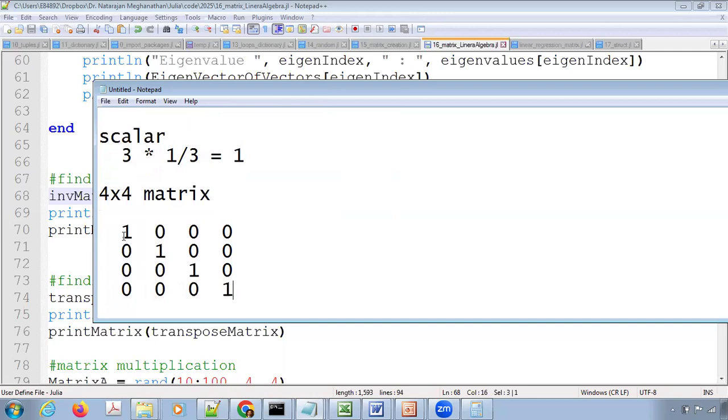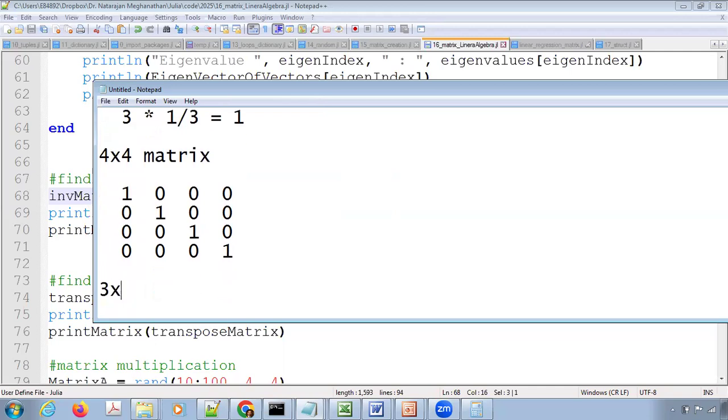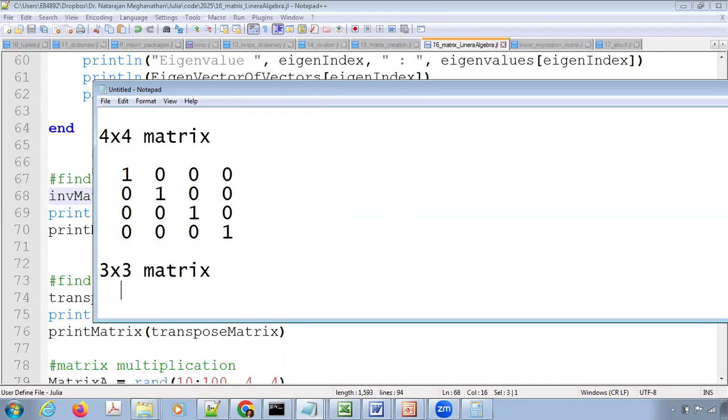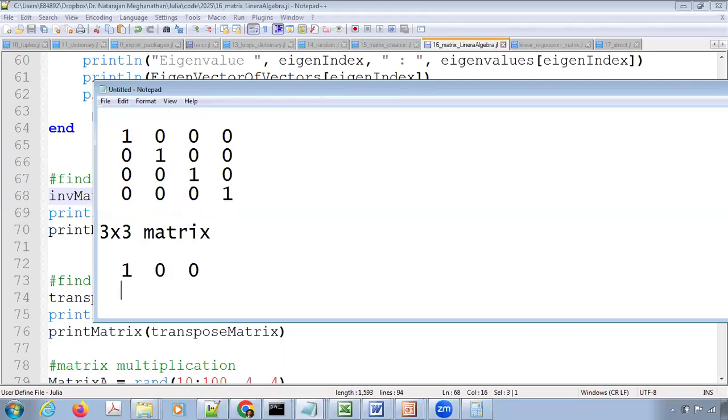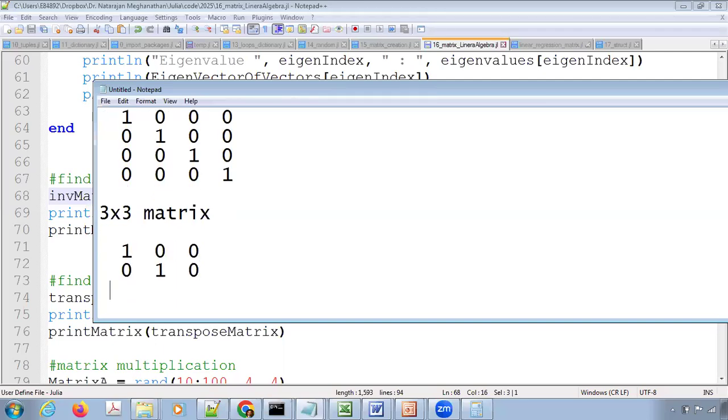In the identity matrix, the leading diagonal has all ones, and all the other cells have zeros. That's how an identity matrix of a certain dimension looks. A 3 by 3 identity matrix looks like this: 1, 0, 0, then 0, 1, 0, then 0, 0, 1.